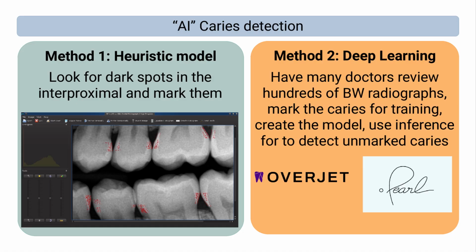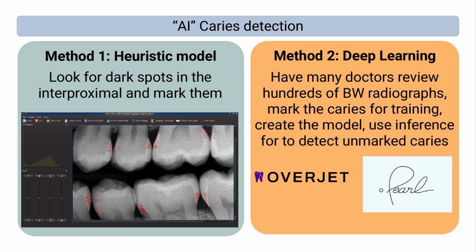Back in the 2000s and early 2010s, one way to do caries detection was a heuristic model where you look at certain dark spots, you look at the white spots, and you make certain assumptions on where the teeth are, and especially in a bitewing, you can have a better idea of where the teeth are supposed to be.